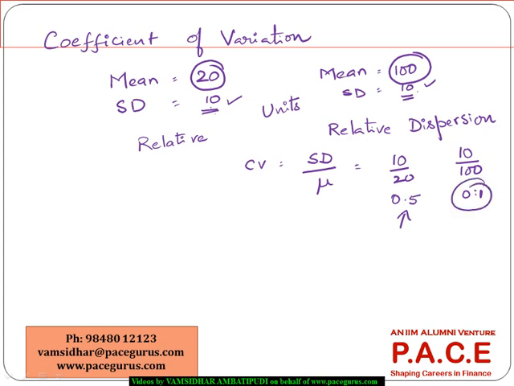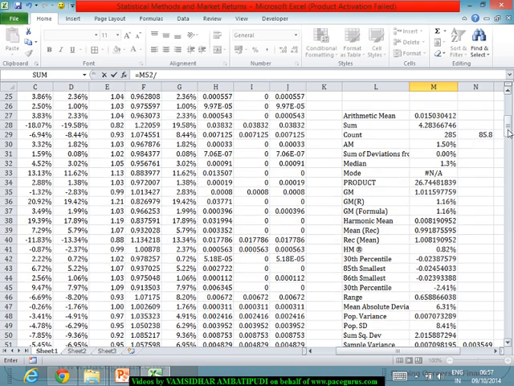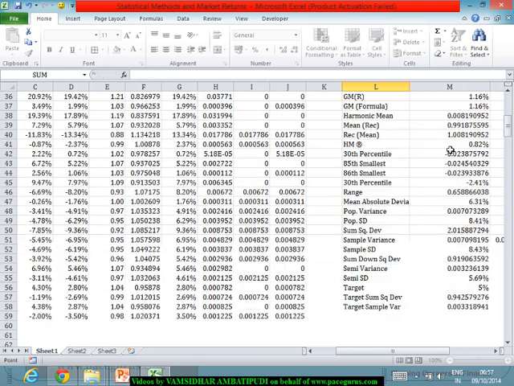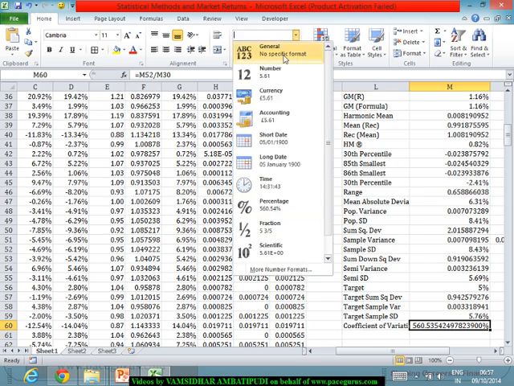The comparison becomes easier, especially when the means are drastically different or where the units of measurement are very much different. So in our example, back again, if I have to find the coefficient of variation, I'm simply taking the standard deviation divided by the mean. One, it's a unitless quantity.